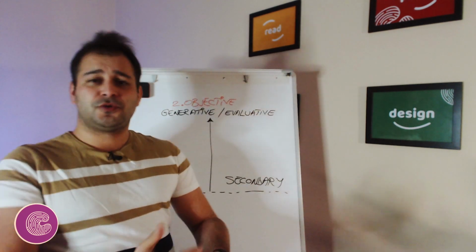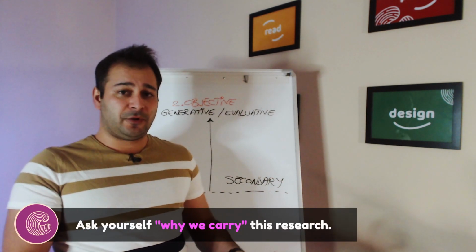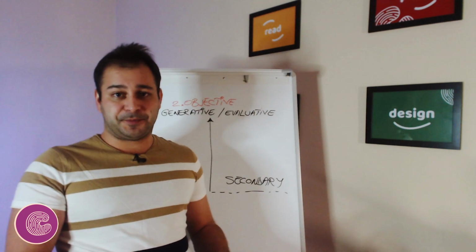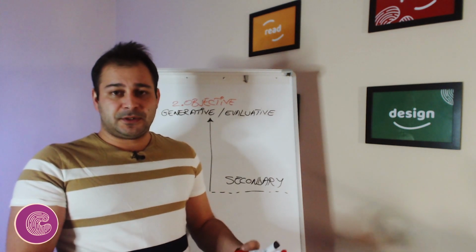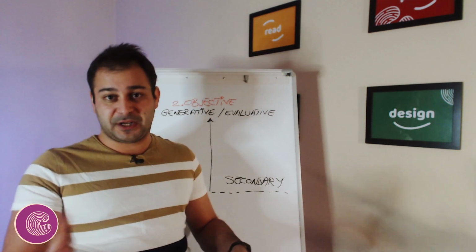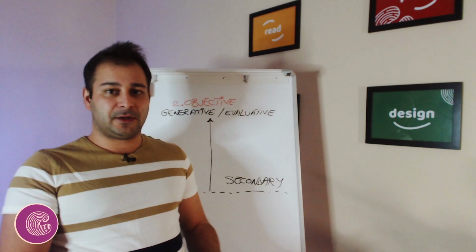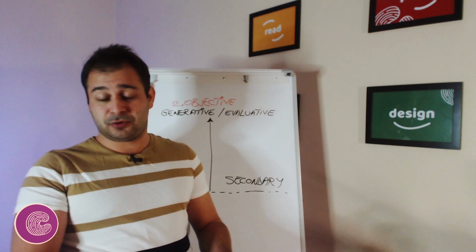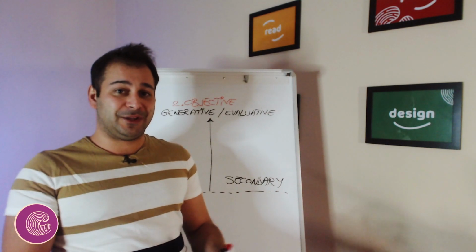Generative research, also called discovery research or exploratory research, you carry out to bring in more data to expand on the problem space that you pursue. By gathering new data points, you're generating fresh insights. Evaluative, the name is quite clear, is there to evaluate or to measure an existing system, prototype or application. So the objective will be totally different.